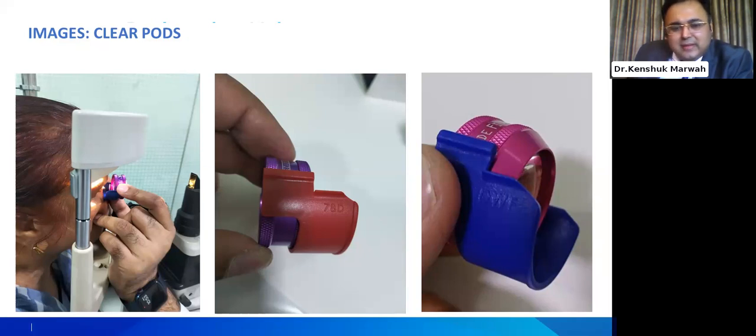So it fits the lens perfectly, and it actually provides the right working distance for the residents, for the fellows, for the clinicians, so that you don't have to maneuver your hand. You are just at the right distance from the cornea so as to view the optic nerve and the macula perfectly well. So this actually provides the right working distance, which is according to the lens.